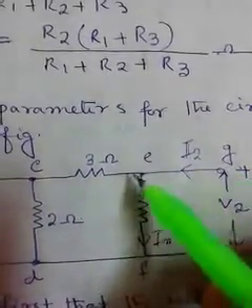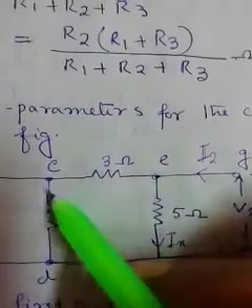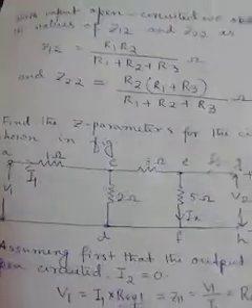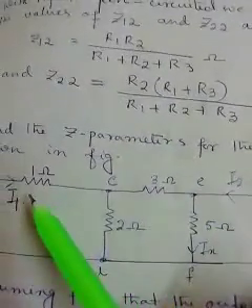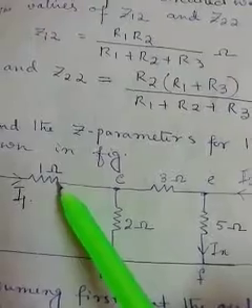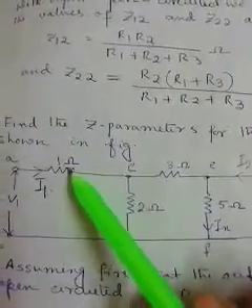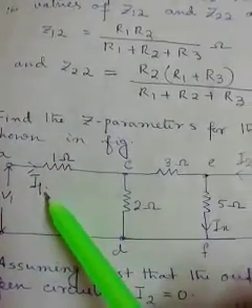I2 will come to this point, then it gets branched through this path and this path. Under this condition your 1 ohm will carry no current, because this 1 ohm is connected directly in series with this input port, and the input port current is set to 0.